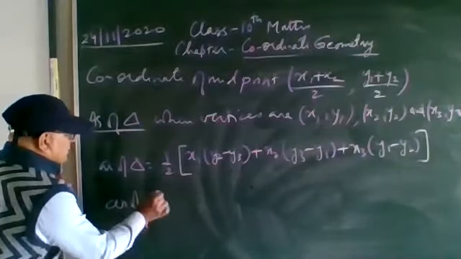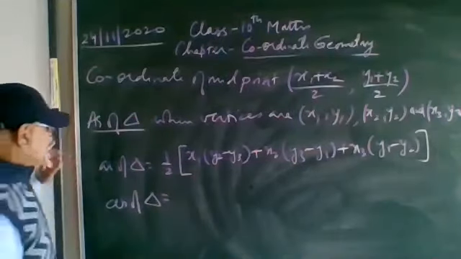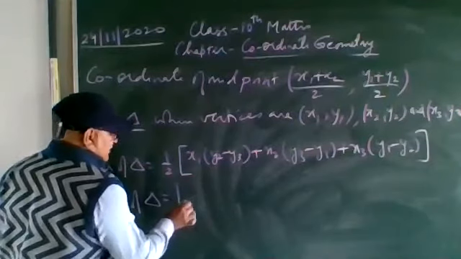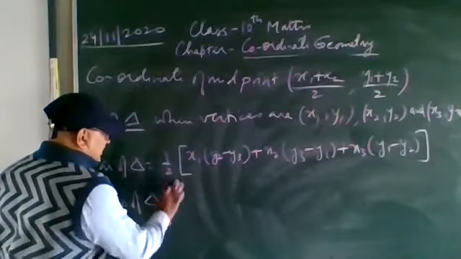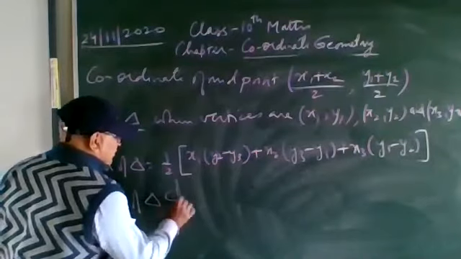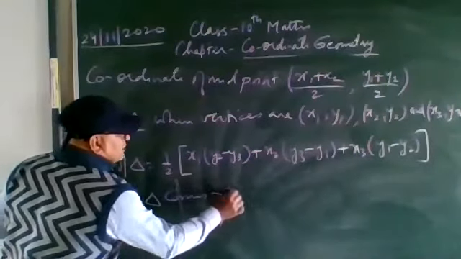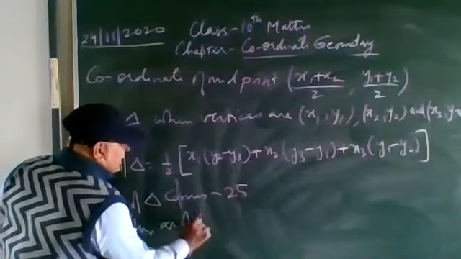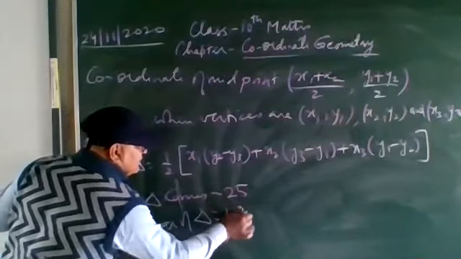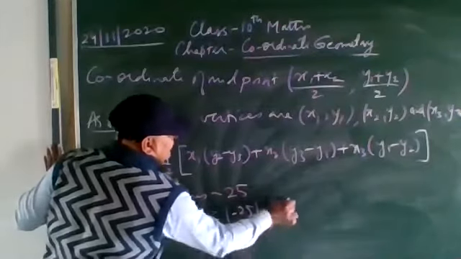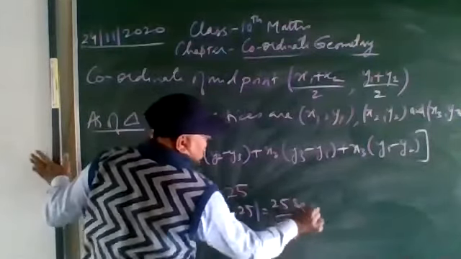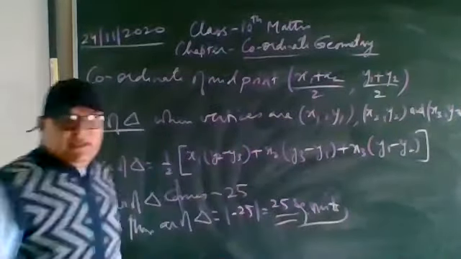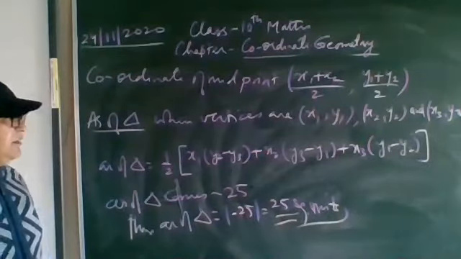If the area of triangle comes minus 25, you have to take the modulus, so area equals modulus of minus 25, which is 25 square units. Remember that area of a triangle cannot be negative.